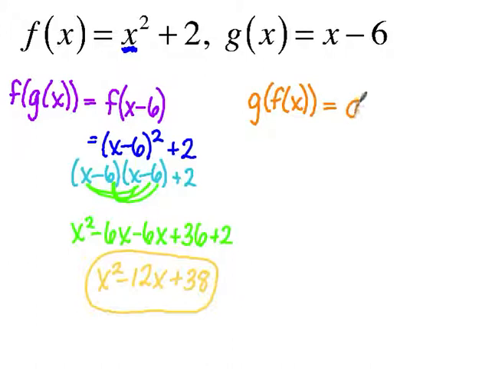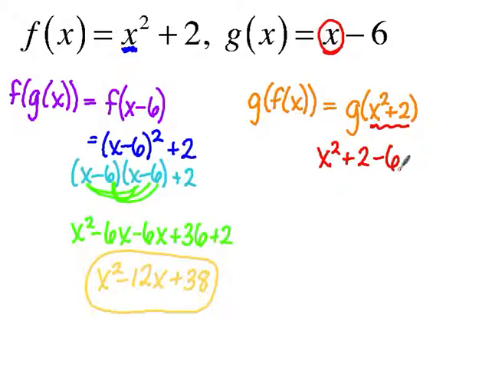Okay, so you should have had g of x squared plus 2. So now I'm going to plug x squared plus 2 right here. So I really get x squared plus 2 minus 6. So what does your final answer look like? x squared minus 4. Just because that first one was a little longer doesn't mean the second one's going to be longer.